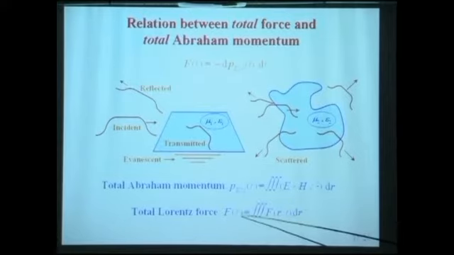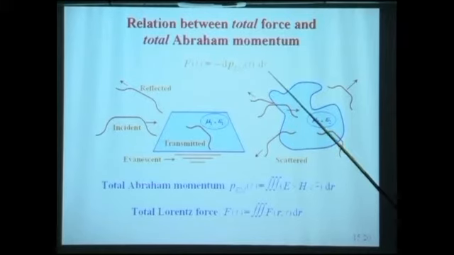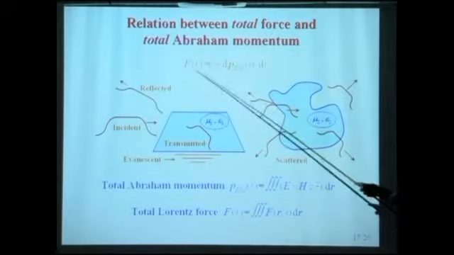And now, the conservation of momentum is this. The force is minus dp dt. This is the electromagnetic momentum. This is the force on the material media.